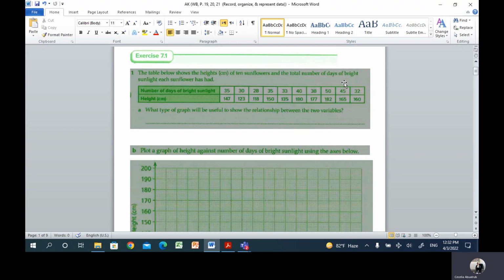As you can see from the data presented in this table, they're asking what type of graph will be useful to show the relation between the two variables, the number of days of exposure to the sun, and the height of the plant.